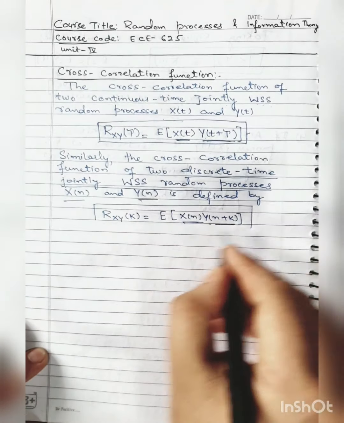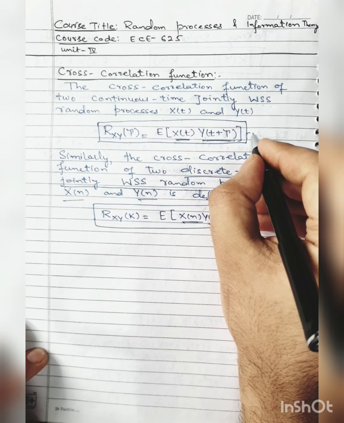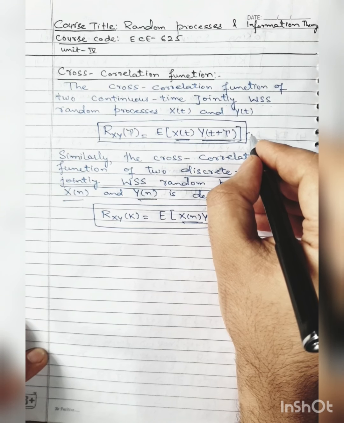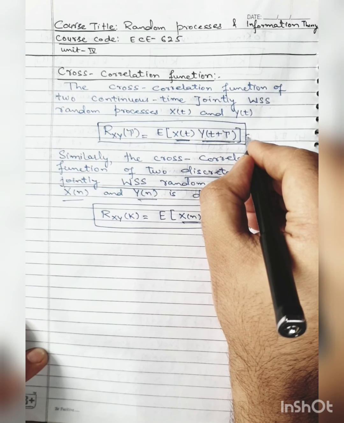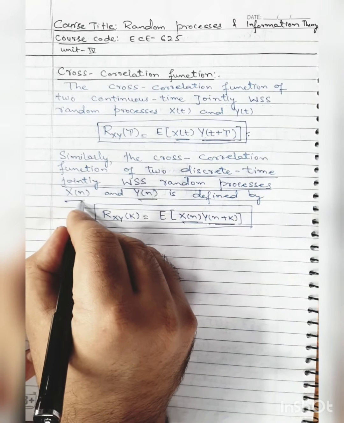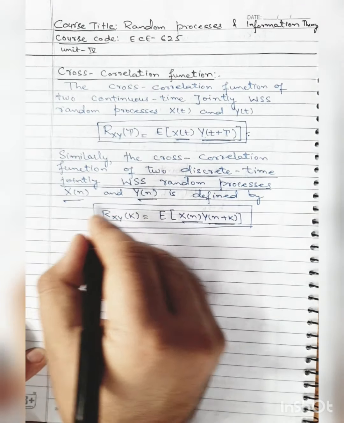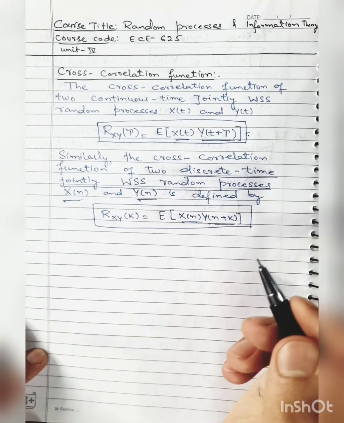So I have defined this cross correlation function for continuous time jointly wide sense stationary random processes x of t and y of t, and similarly for two different random processes x of n and y of n, which are discrete time jointly wide sense stationary random processes.